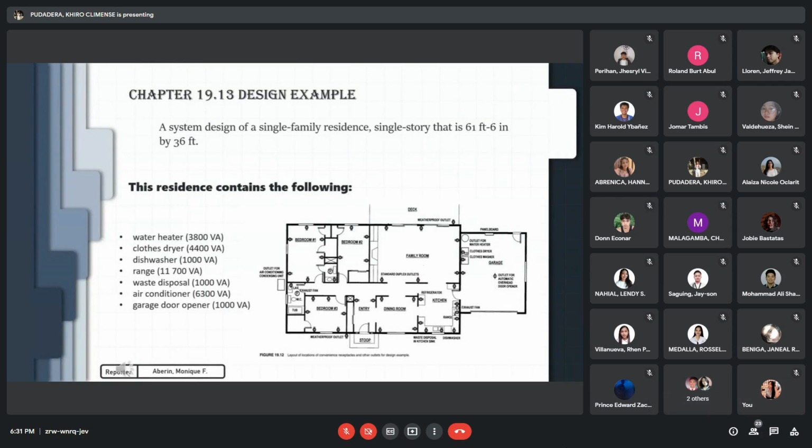This residence contains general lighting, lights and receptacle outlets, equipment and appliances, containing the following: water heater 3800 VA, clothes dryer 4400 VA, dishwasher 1000 VA, range 11700 VA, waste disposal 1000 VA, air conditioner 6300 VA, and garage door opener 1000 VA.